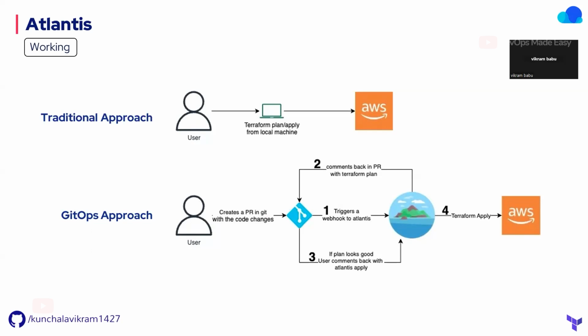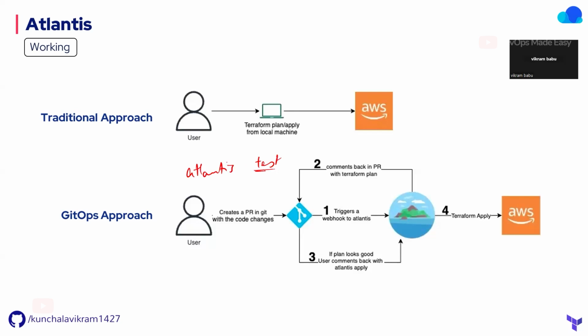Atlantis will get that ping, and then it does apply or plan or whatever you define. And not only this, Atlantis can also work with custom commands. Let's say you want Atlantis to run some custom commands. I'll simply say atlantis test.